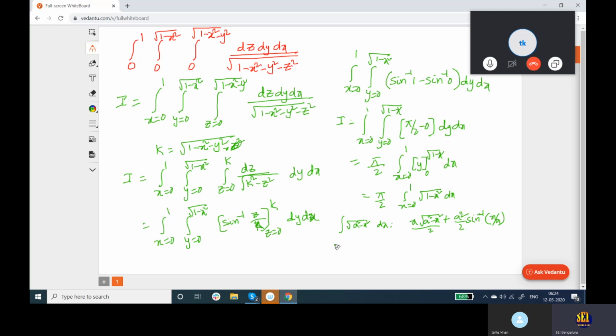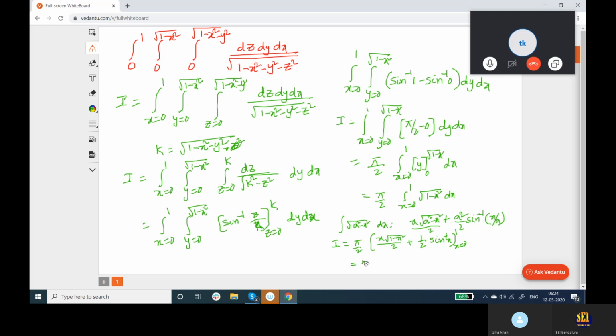In that case, I is equal to pi by 2 times x into square root of 1 minus x square by 2 plus half sine inverse of x, with x from 0 to 1.